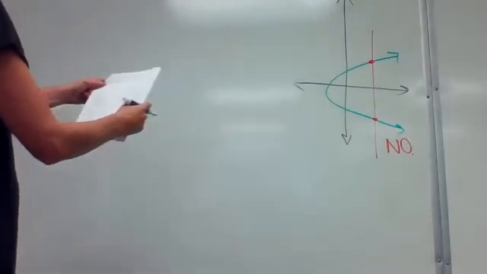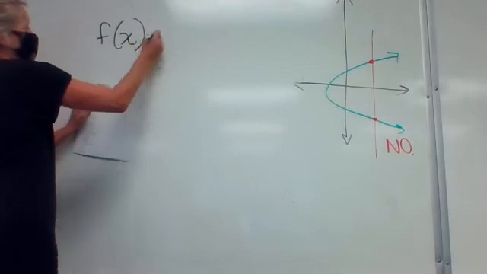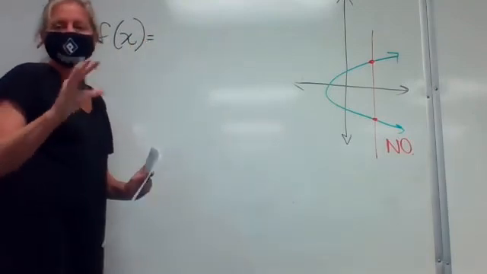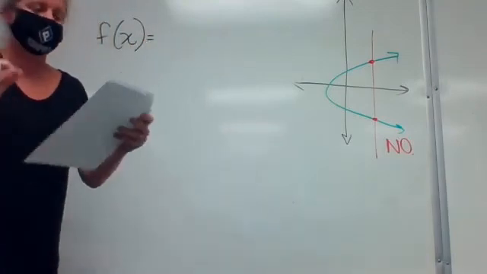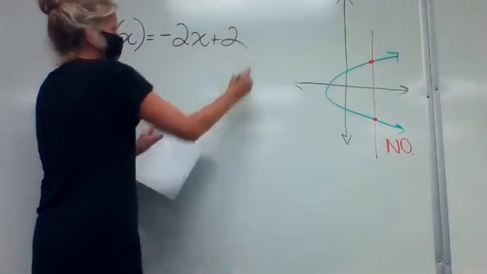Number 10 is going to say something like this. Graph the function f of x. So it's just going to say f of x equals, instead of y equals, the term f of x and y are interchangeable. Negative 2x plus 2.